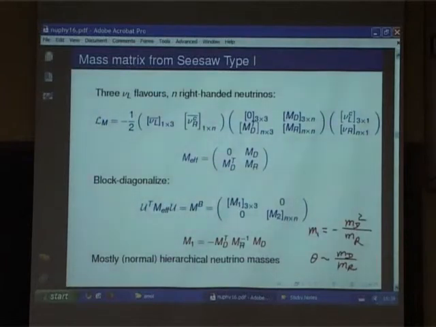So normally type 1 Seesaw will tell you that the lowest mass is very close to 0, because these M_Rs are often hierarchical. So M_R has no restriction. If I tell you, give me 3 masses for M_R, one of you will give 10 power 10, one will give 10 power 11, one gives 10 power 12. No one will give 10 to the power minus 11.35 or 10 to the power minus 11.37.